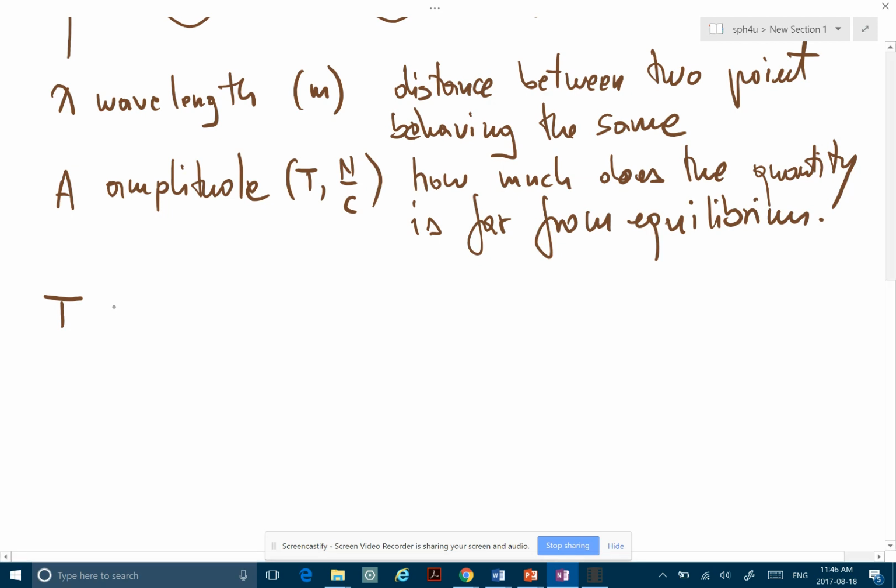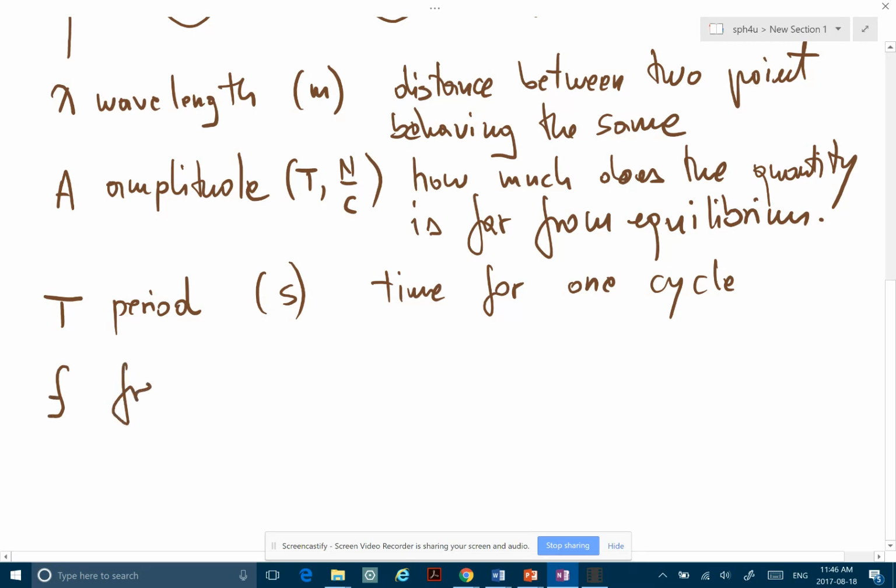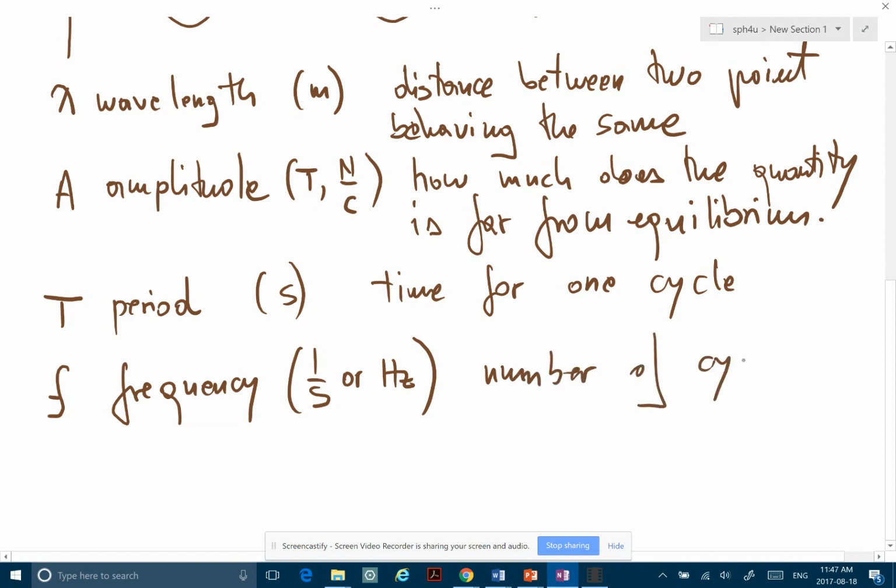The next one is period. Okay, period is measured in seconds, is time for one cycle. Okay, then we have frequency, which is measured in 1/second or hertz, and that is the number of cycles per second.